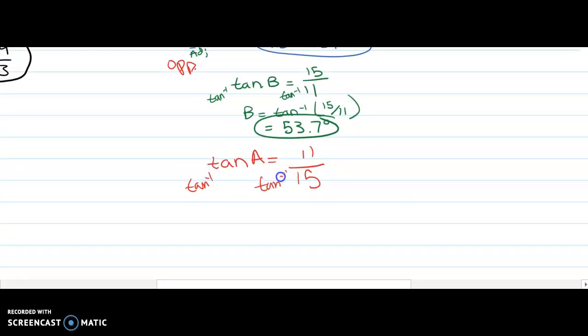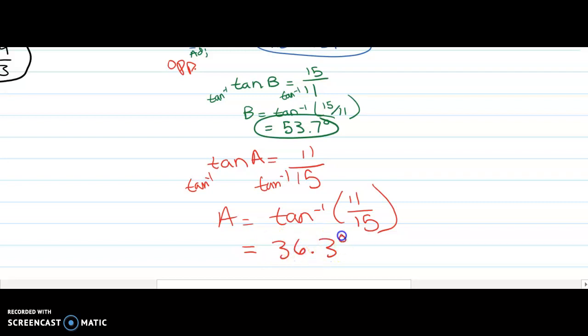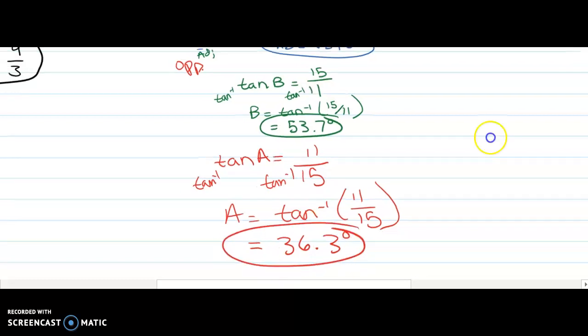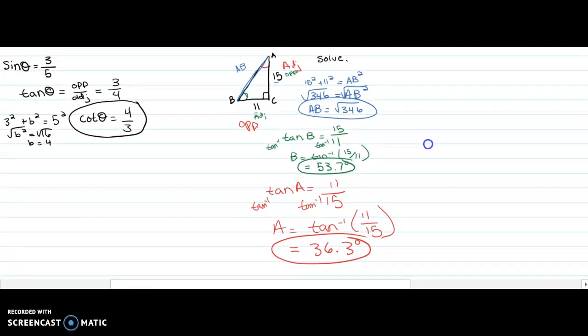I get A equal to the inverse of tangent of 11 over 15. Okay, plug it into the calculator. We get 30.2. Alright, and there's my three missing parts, so we just solved the triangle.